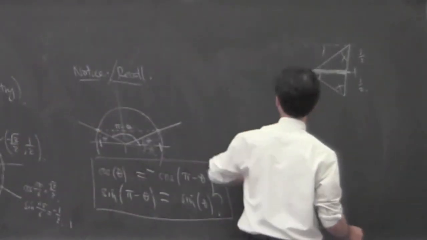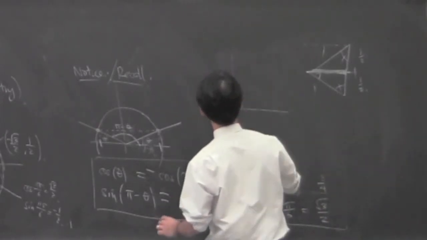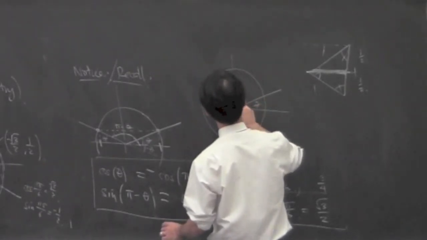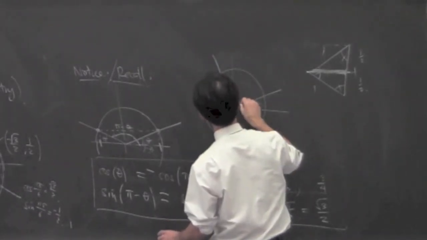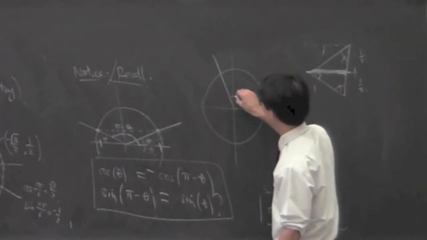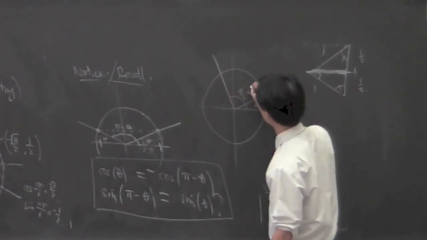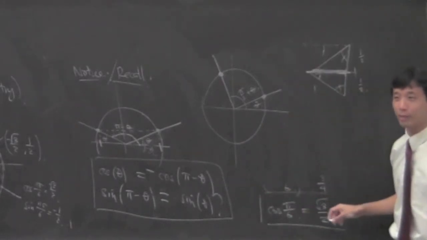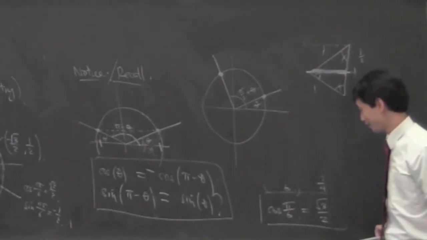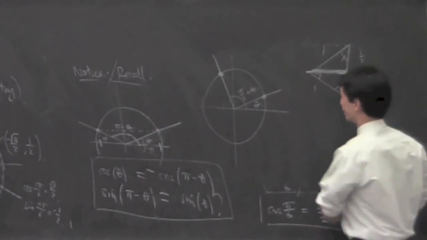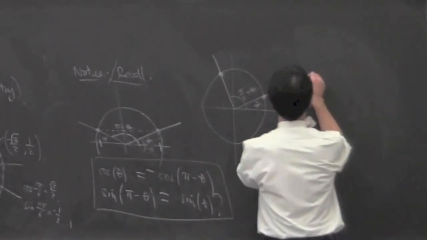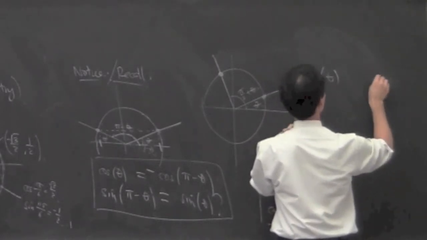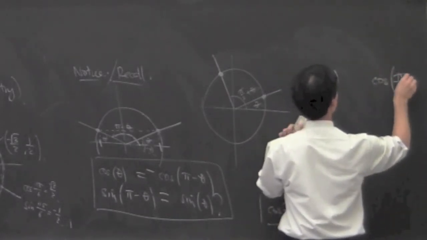We don't have time for it, but one that we did last time was this one. What happens if you have an angle theta, and then you add on pi over 2? So pi over 2 plus theta. What's the relation between the cosines and sines of those angles? Cosine of theta and cosine of pi over 2 plus theta.